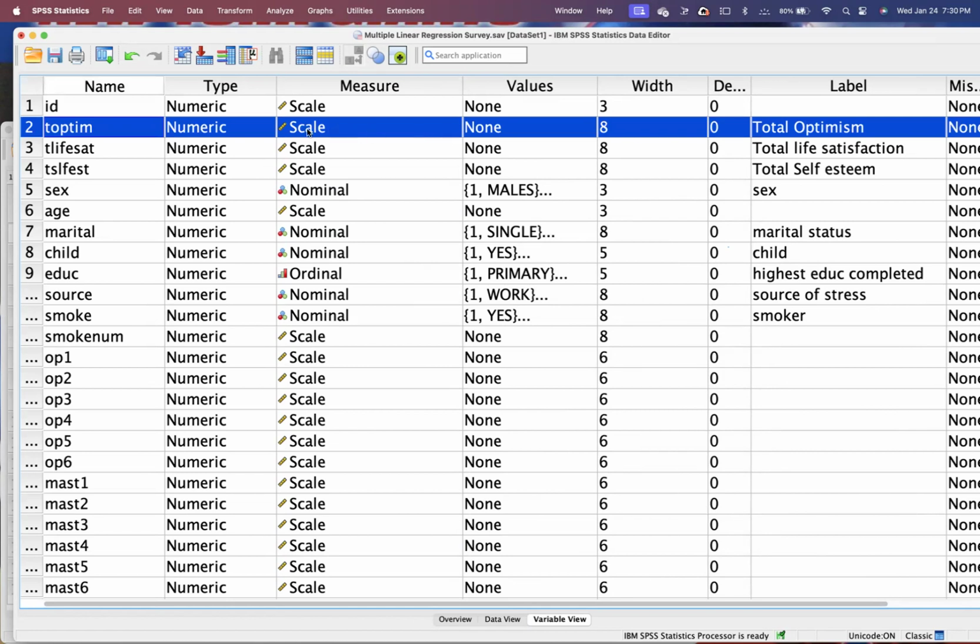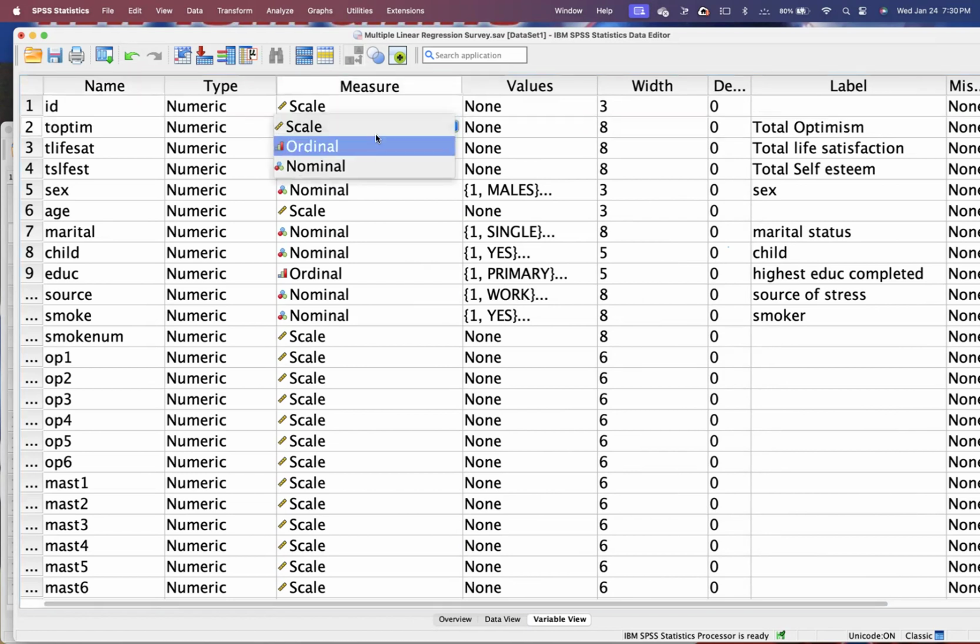Remember I said the scale of measurement is important. When you click, you'll get a choice of scale, ordinal, or nominal. This is where, now let's just say you're doing this from a data set. You need to make sure that the variable that you select is a scale variable. And that's what I meant by the scales of measurement.